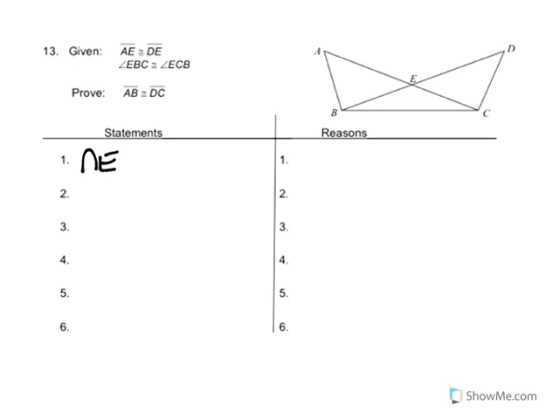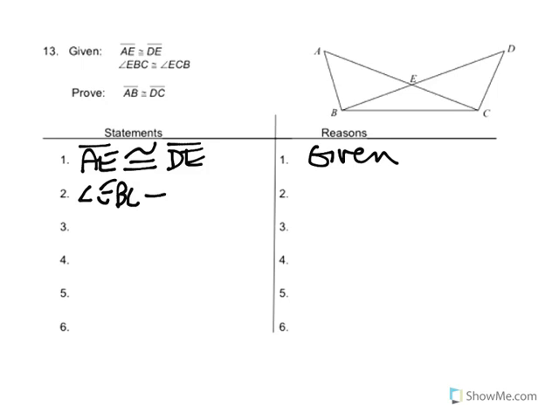AE is congruent with DE, given. Angle EBC is congruent with angle ECB, given.